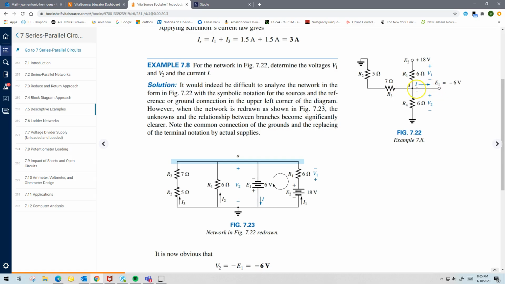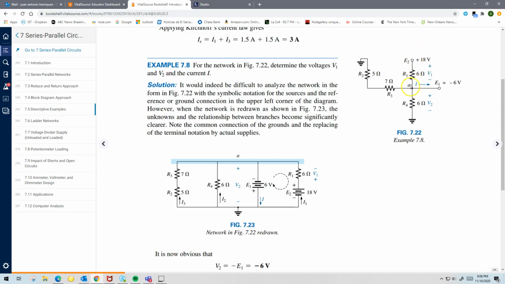These two little circles represent sources. This side of node A is connected to the negative of this battery or source. This part of node A is connected to one side of R1, but the other side of R1 is connected to the positive of the 18-volt source.